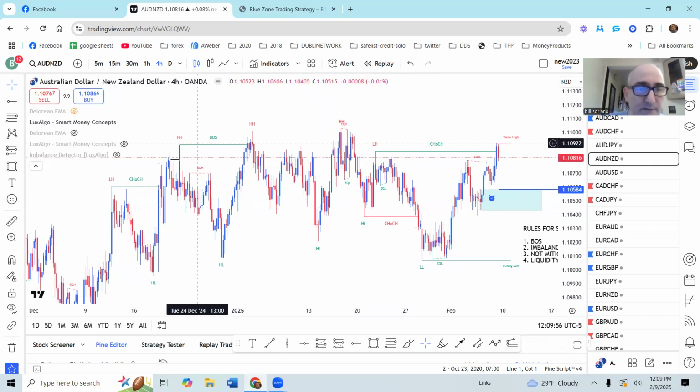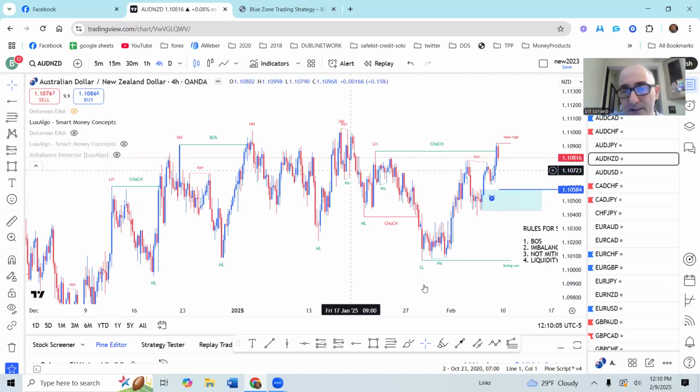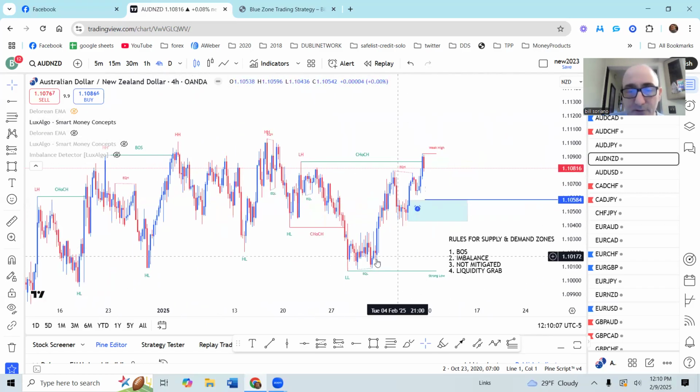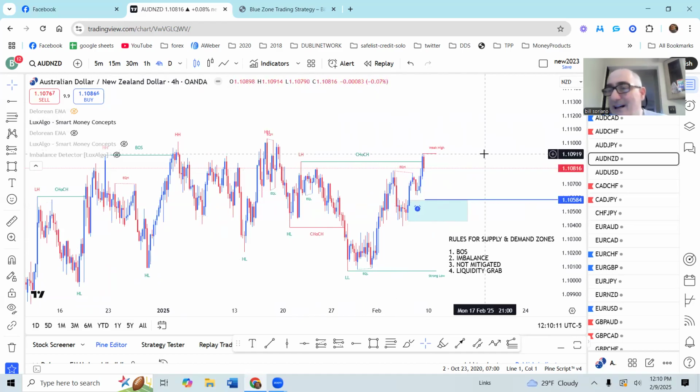But for this one, we get a change of character, then we do have a pullback and we get a break of structure. So that was kind of moving up. Then we got a change of character. And then we get another change of character to the upside, putting our bias bullish right now.